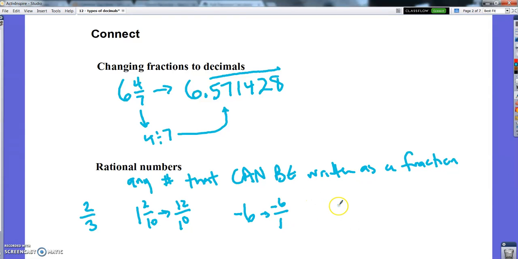And then we even talked about decimals, like that. That can be written as a fraction too. 25/100ths, which would be 625/1000. So anything that can possibly be written as a fraction is a rational number.